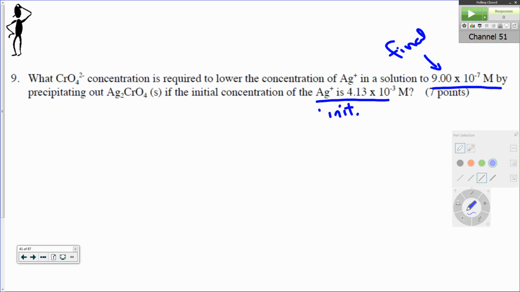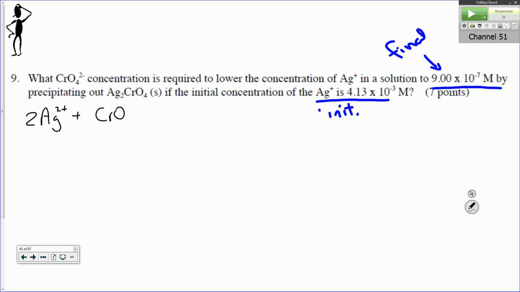Now, the way that I'm going to do this is with precipitation. So I'm going to add silver to the chromate ion to produce the silver chromate solid.